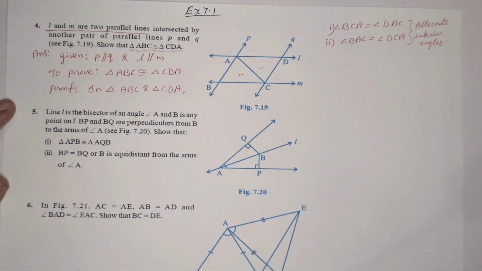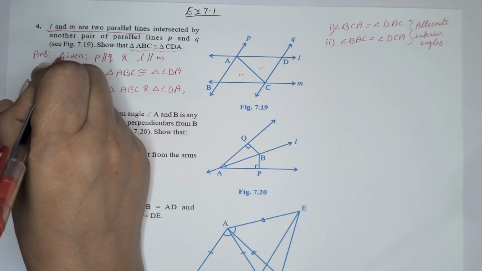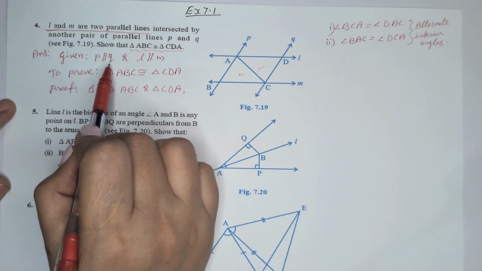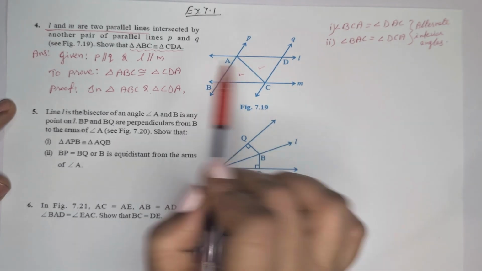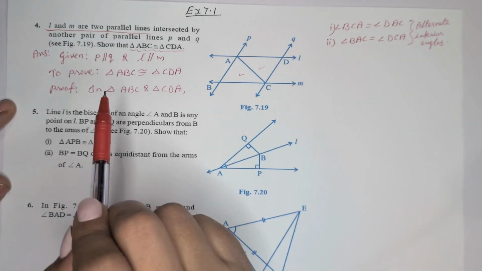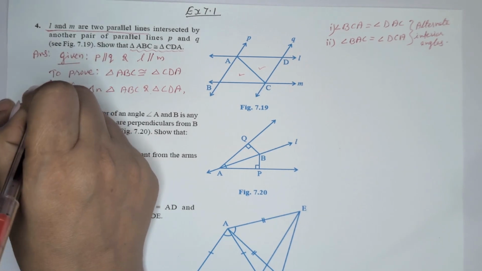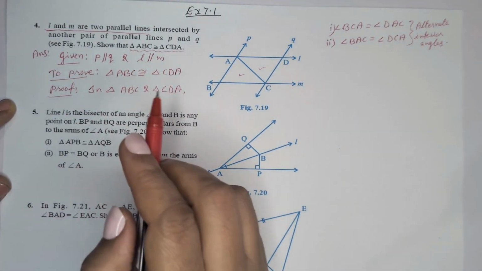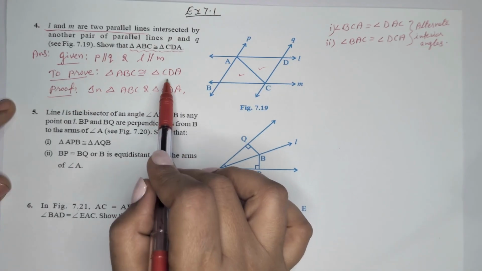Then proof. Given that P is parallel to Q and L is parallel to M. These two lines are parallel. To prove, triangle ABC is congruent to triangle CDA.